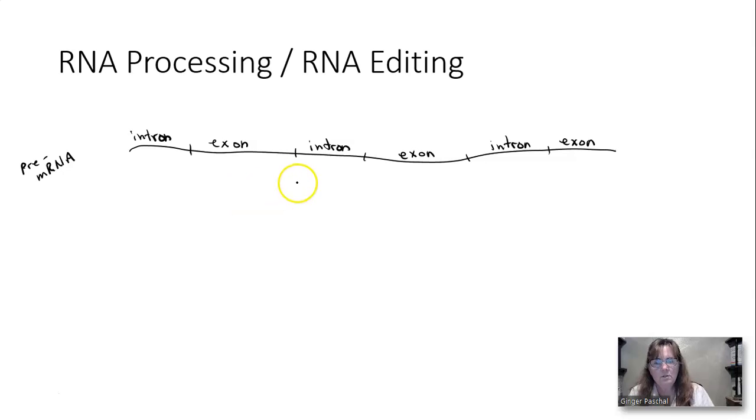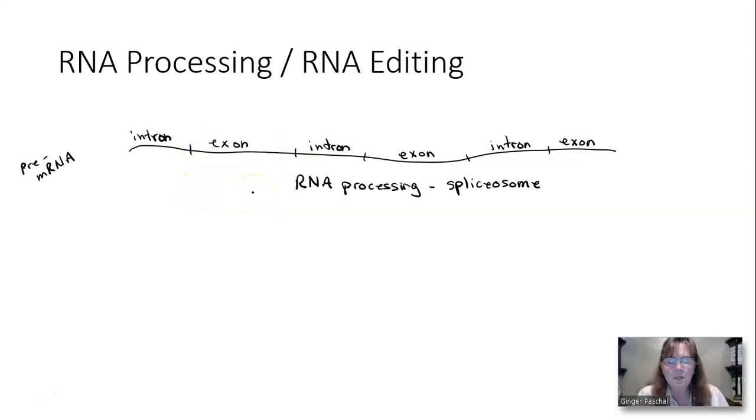So then we go through this process called RNA processing or RNA editing, either one. And the molecule that does this is called a spliceosome. And what a spliceosome does is it cuts in these locations.